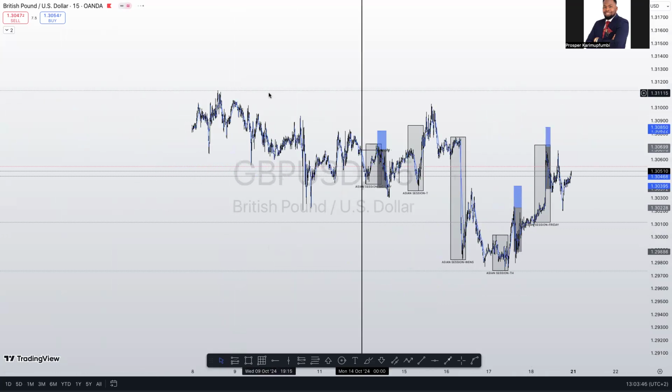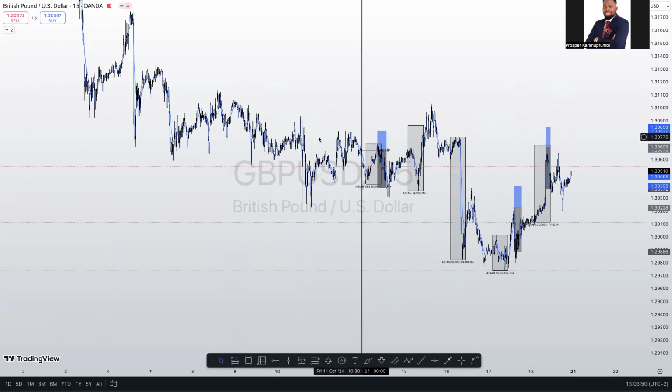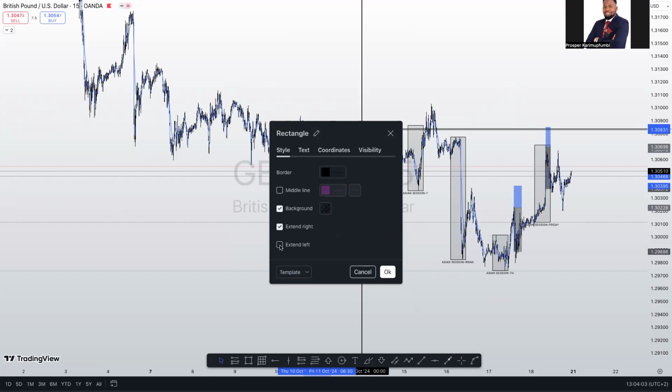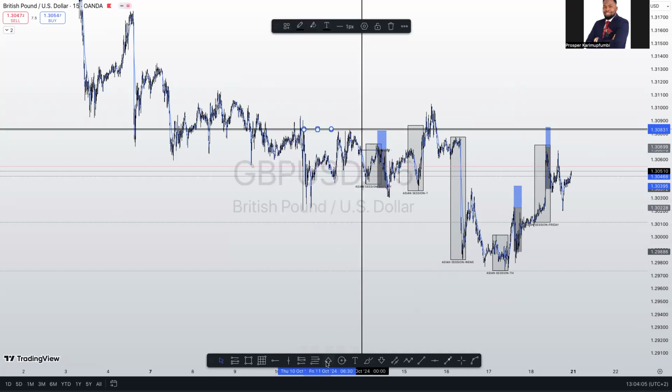we have actually been consolidating within two zones during this time, right? Between this zone, right, and this zone.